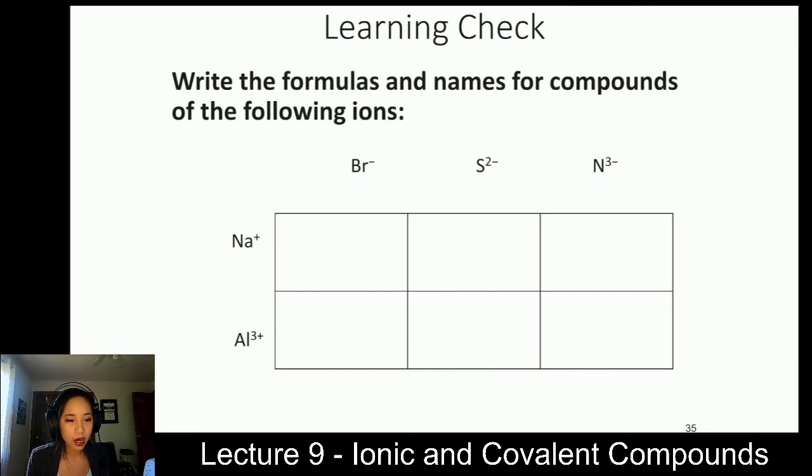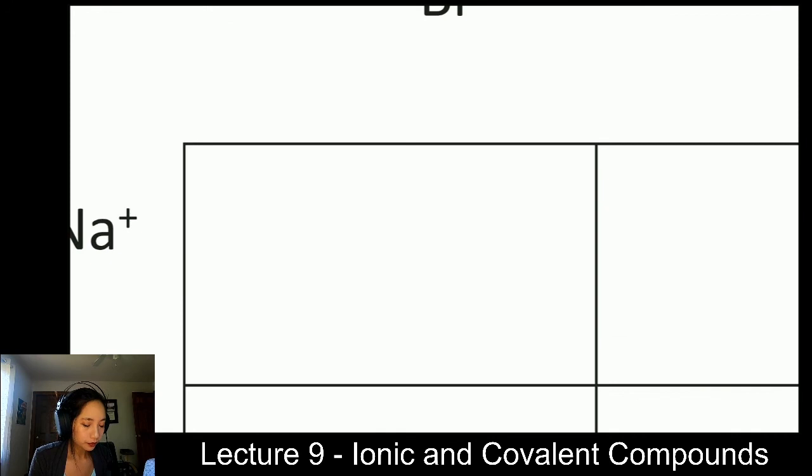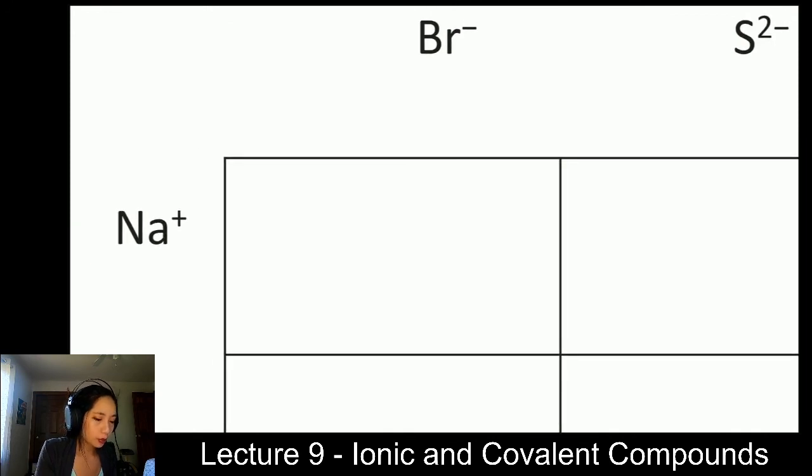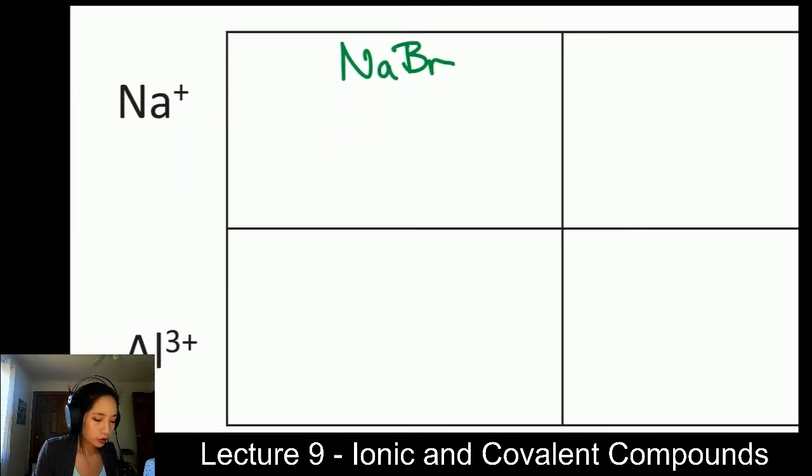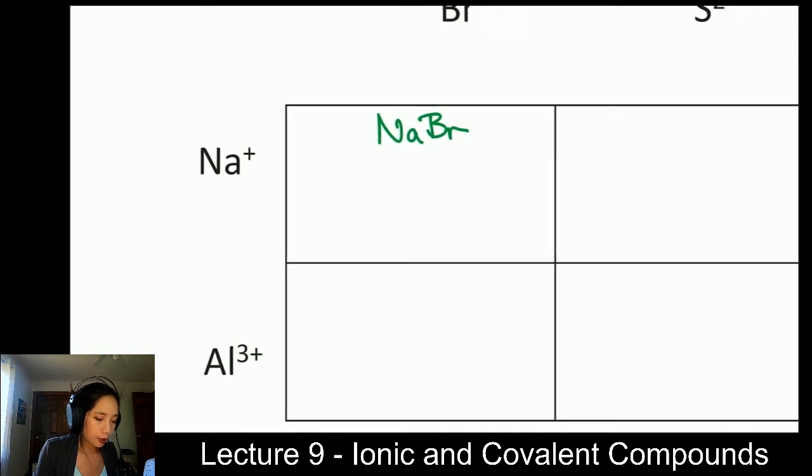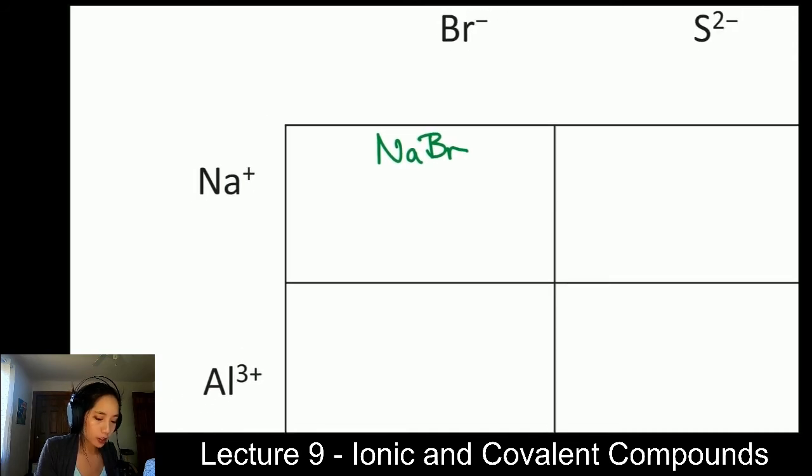We've only learned about ionic naming thus far. So let's look at sodium and bromine first. Let's put together the neutral compound first. We have a +1 and a -1, so this is one sodium and one bromine. Let's go down the list. Bromine is -1, aluminum's +3, so it's aluminum and then 3 bromines.